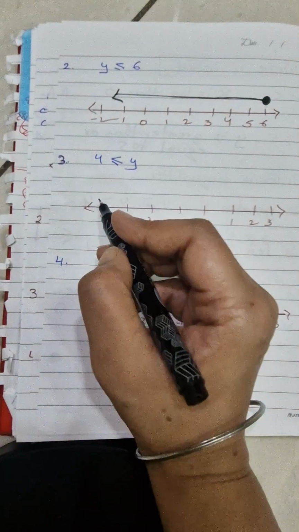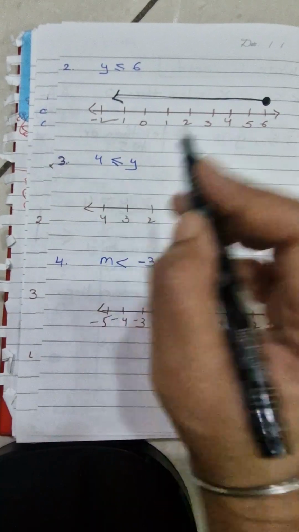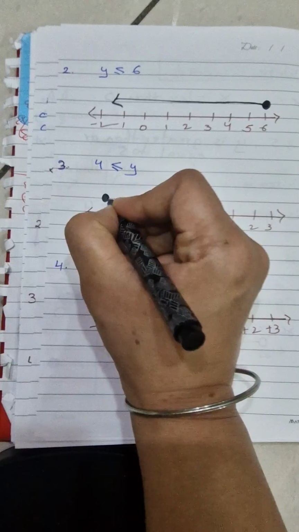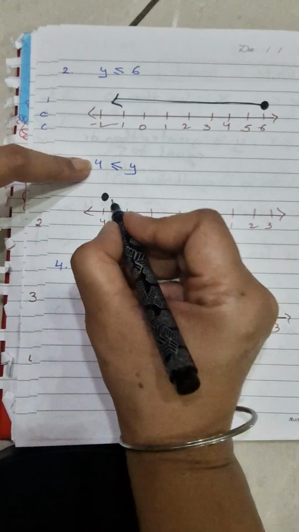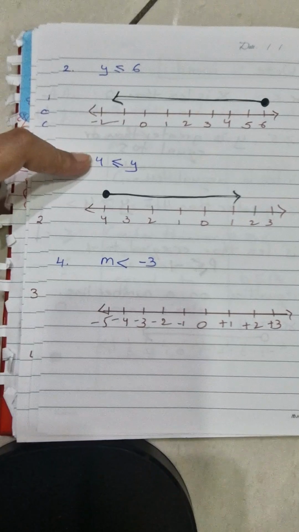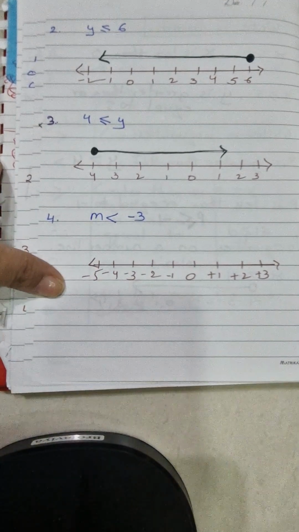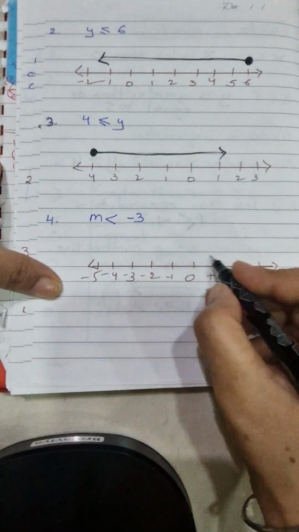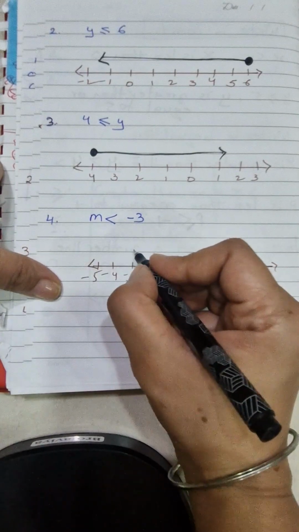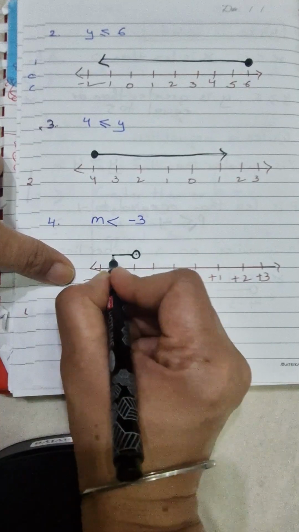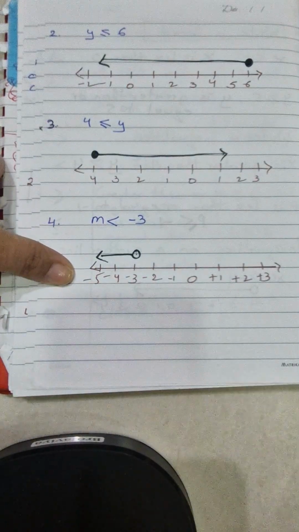Okay, 4 is less than or equal to y, means y is more than or equal to 4. So we will draw a closed circle on this number 4 and go towards right. Then we have m is less than -3. So m is less than means we will go towards left from -3. And there is no closed circle because there is no equal to sign. So just draw open circle and go like this.